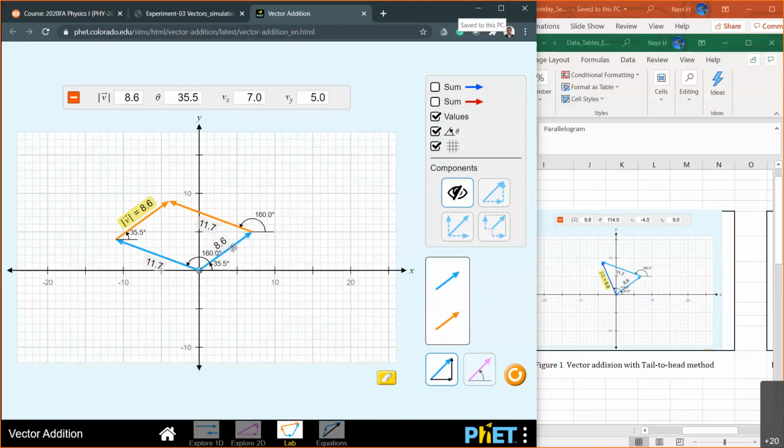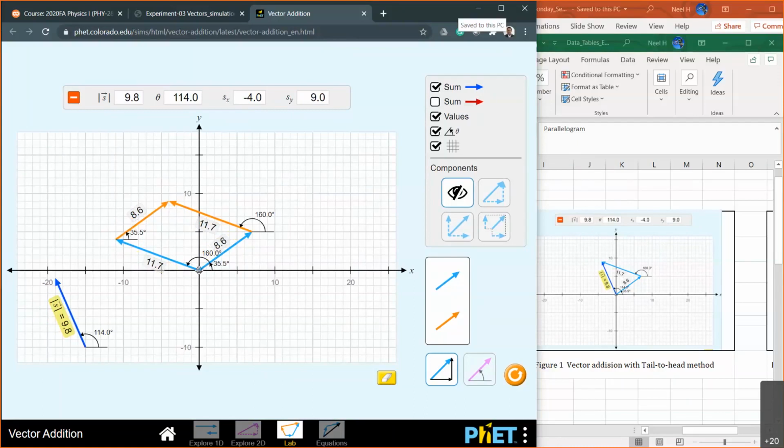Now our real vectors, we consider only these blue ones, right? So to find the resultant, you click the sum again here. Now in the parallelogram method, if you draw a parallelogram which has 2 known vectors, the resultant of those 2 vectors should be given by the diagonal right here.